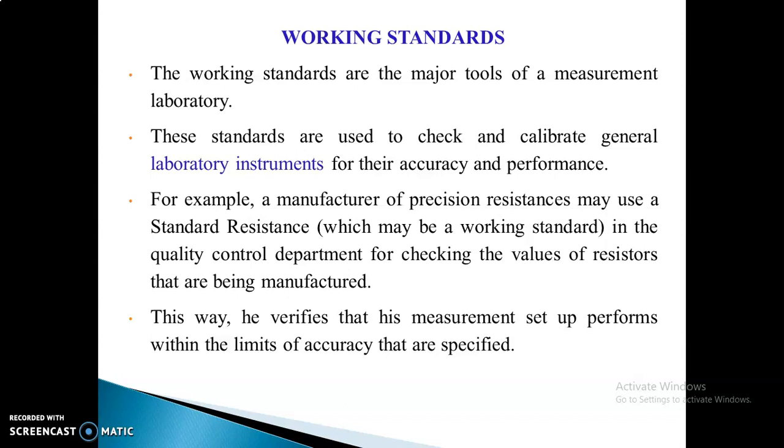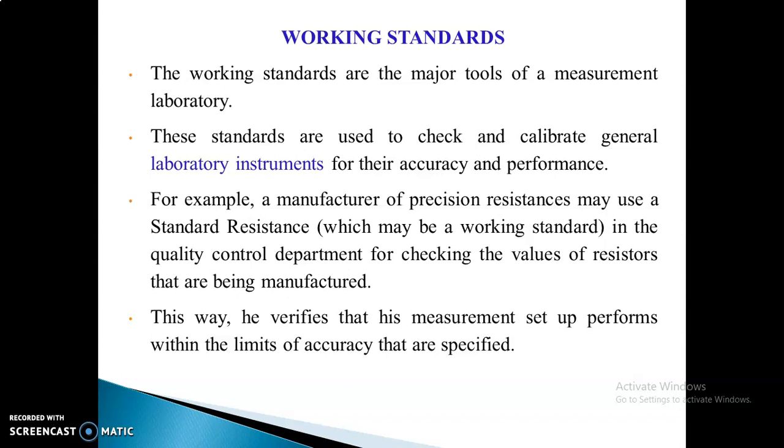So that is how people go for working standards. These working standards verify the measurement setup performance within the specified limits of accuracy. So the working standards are calibrated through your secondary standard.